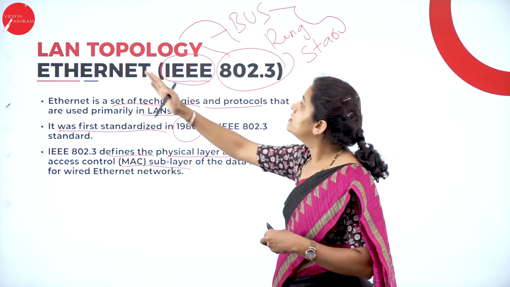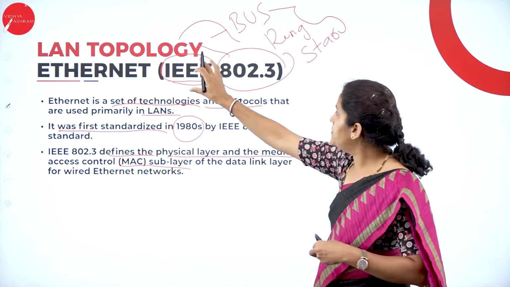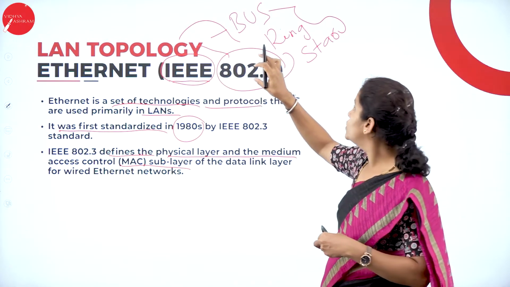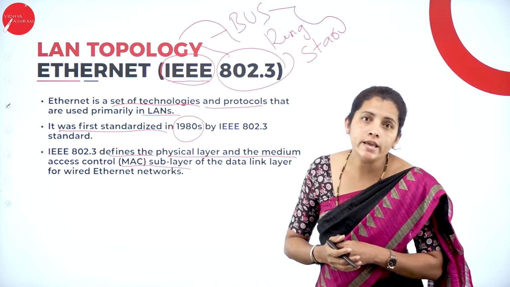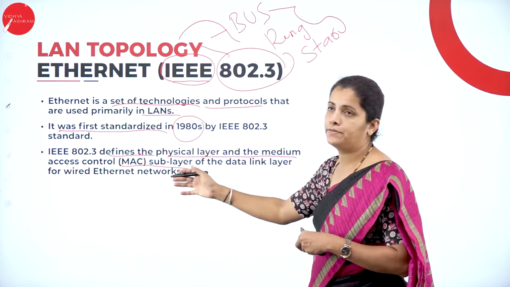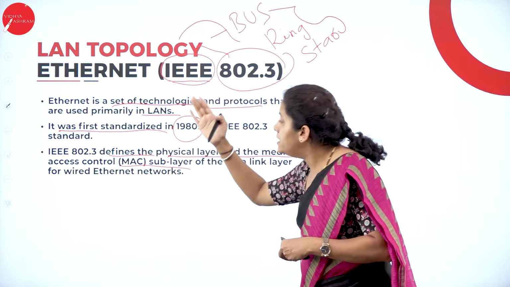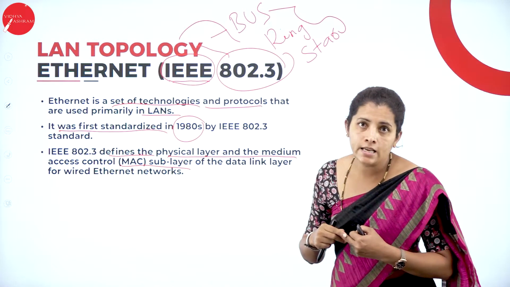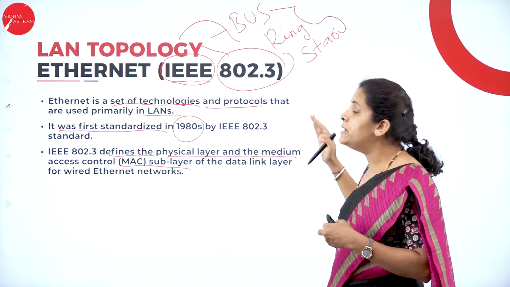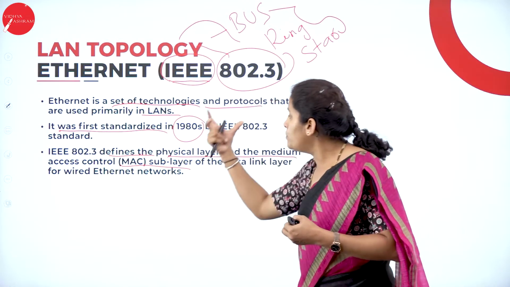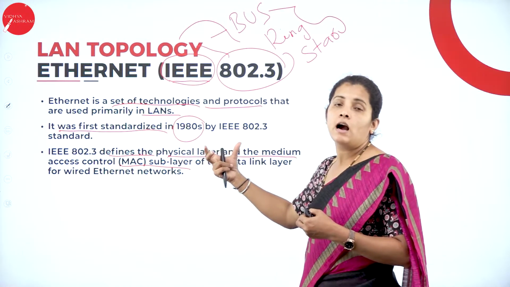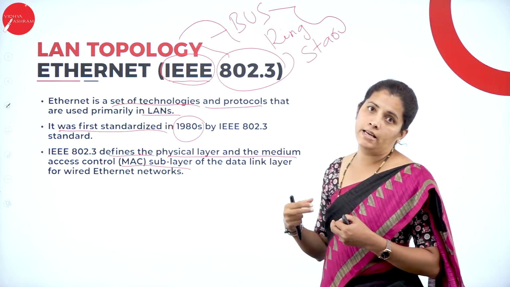So it maps the physical layer and data link layer.